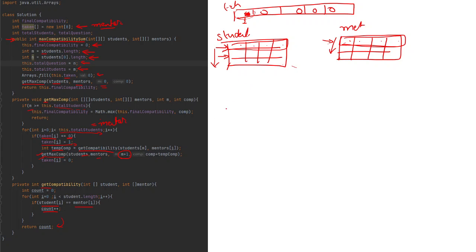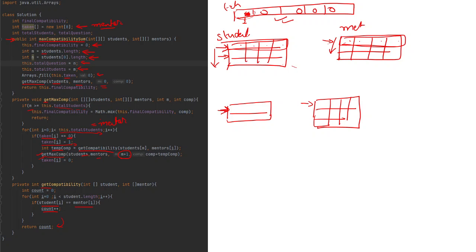Suppose there are three students. The second time the get max compatibility function is called, we have two students left and again three mentors, where for each mentor we take into consideration this taken array, which shows whether the particular mentor is taken or not. When this second student comes and sees that m is not greater than or equal to the total number of students, he starts again and checks whether this mentor is taken.